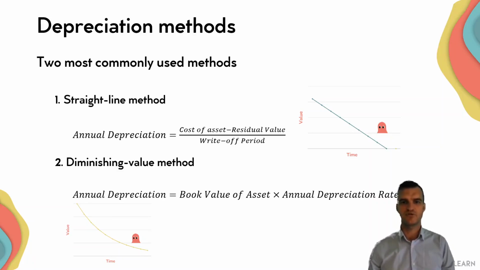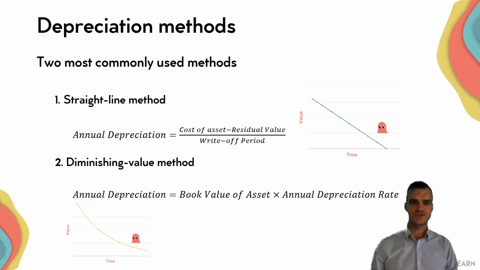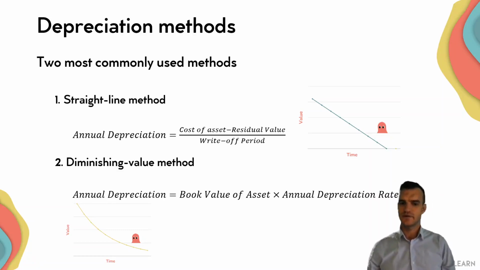You can see the formulas for these two methods on screen, but in summary, the straight line method means that the value of your asset is decreasing in a straight line over time. So every year you write off the same amount until the asset is valued at zero.